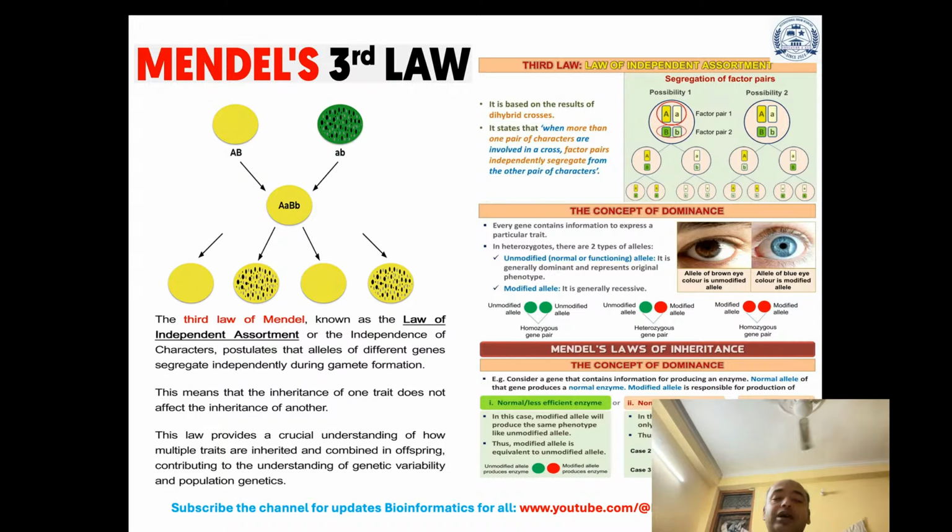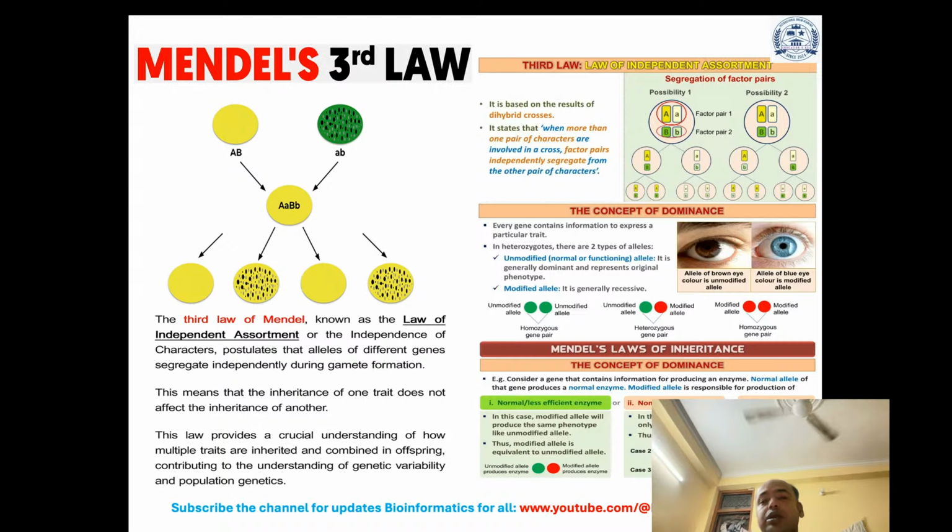This third law, or the independence of characters, postulates that alleles of different genes segregate independently during gamete formation. This means that the inheritance of one trait does not affect the inheritance of the others. This law provides a crucial understanding of how multiple traits are inherited and combined in offspring, contributing to the understanding of genetic variability and population genetics.